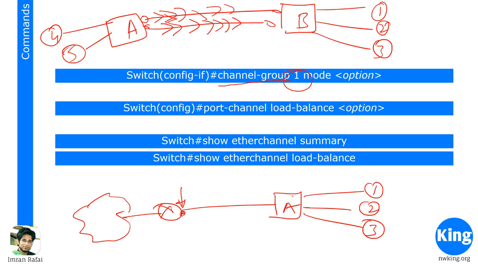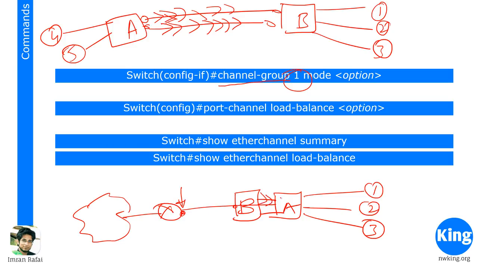So all traffic will have the source MAC address of this guy. Now let's say, for instance, there was another switch here, right? I'm just going to simplify it for you. If there was a switch here, because all the source MAC addresses are going to be the same immaterial of where it is coming from, it will always decide to send through one of those interfaces.